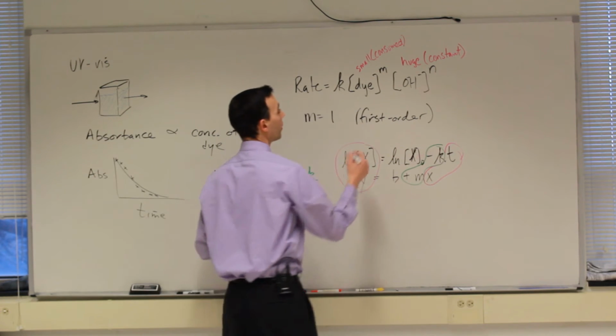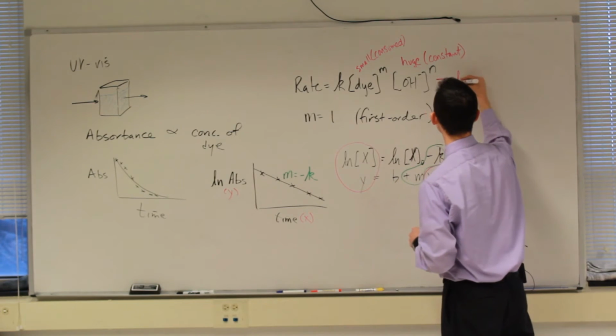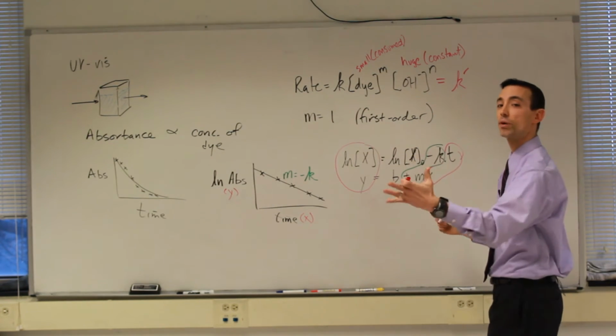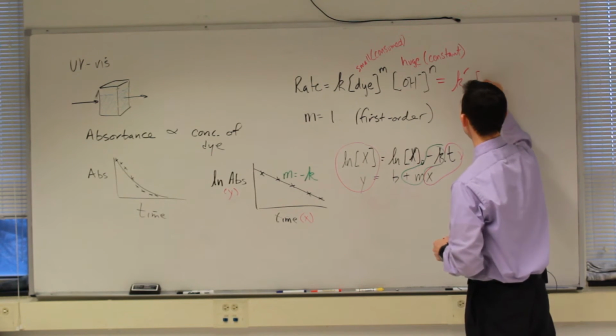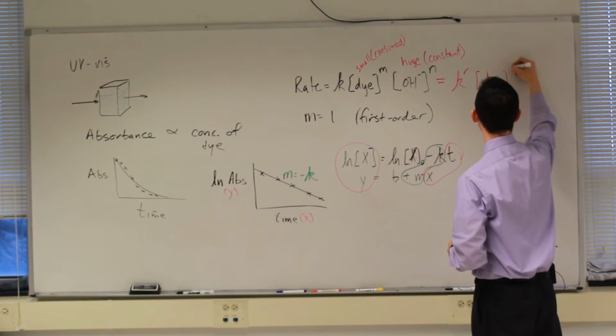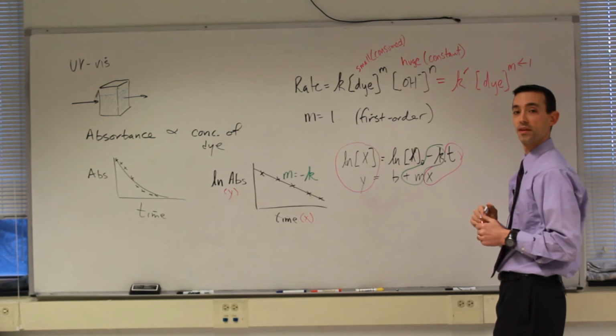And so if it's a constant, we can just group it together with the other constant, k, and call it k prime. All right? And then what's left is the dye raised to its order, which we already said is first.